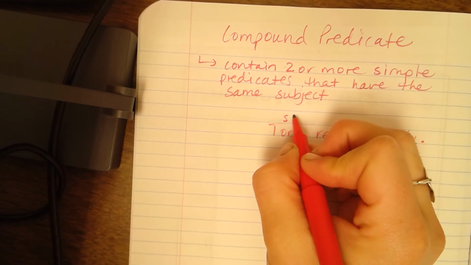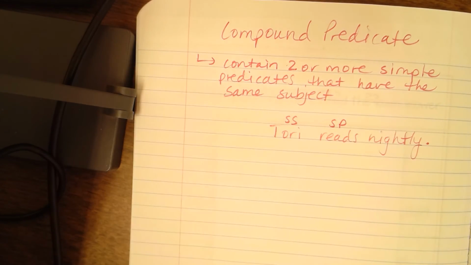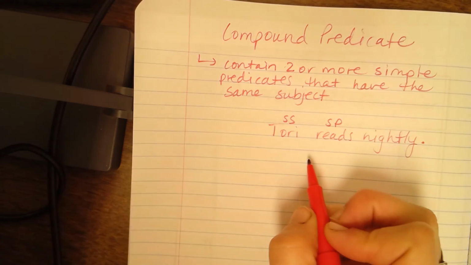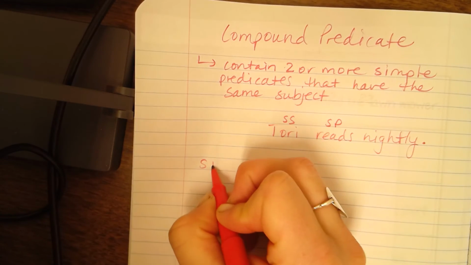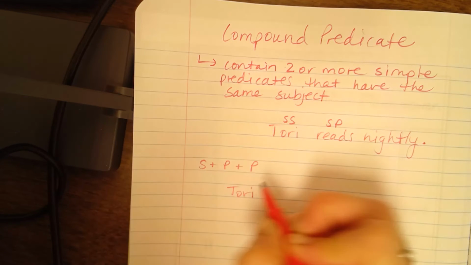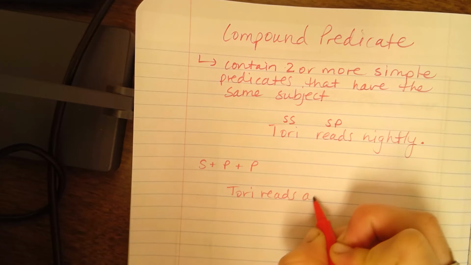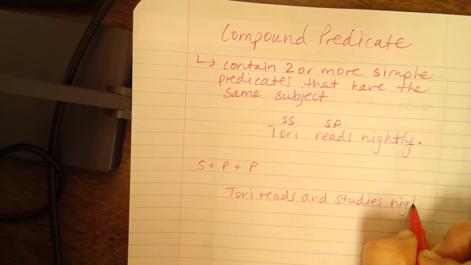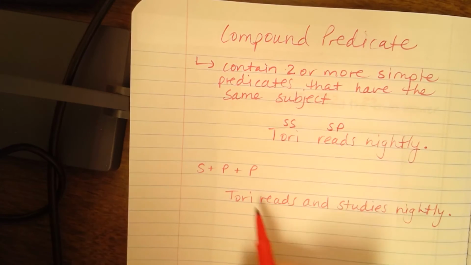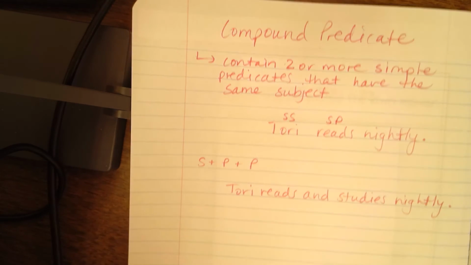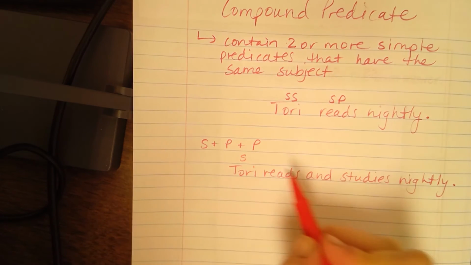Now, if we add one more predicate to our sentence, we're going to have S plus P plus P. We could have Tori reads and studies nightly. So now S plus P plus P, subject plus predicate plus predicate. We have two actions or two predicates going on. Subject, reads and studies. So predicate, predicate. They read and study.